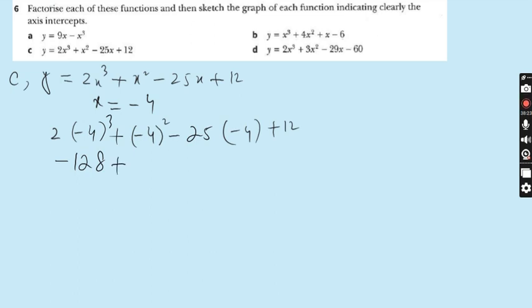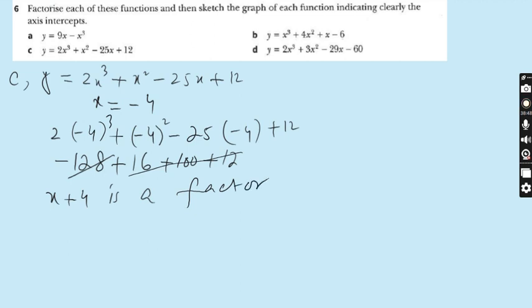Minus 4 square is plus 16. Minus 25 into minus 4 is plus 100 and plus 12. You can see 100, 16 and 12 is 128, and positive 128, negative 128 gives you 0. So x plus 4 is a factor.